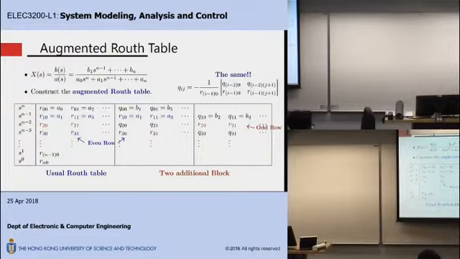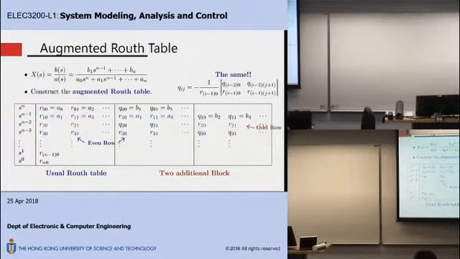What you do is put B1, B3, B5, B7 here in the first row. So from the numerator, okay? You put B1 here, but not B2, B3. B5, B7. Then you move this blue row to here.